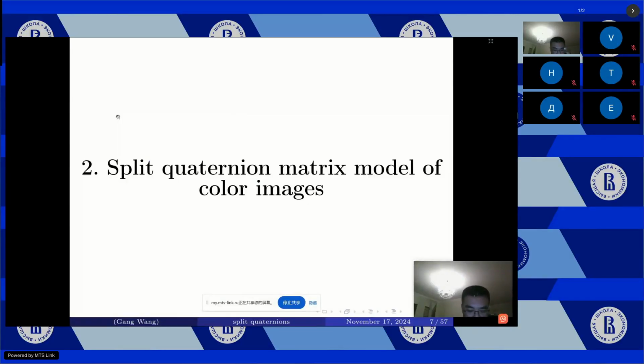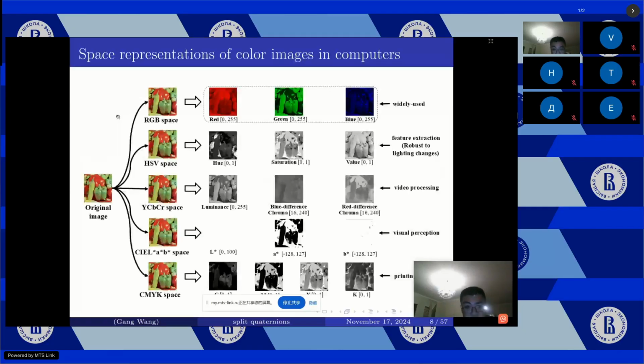This class primarily focuses on the application of split quaternions in the field of color image processing. We will briefly discuss how color images are stored and processed in computers, and the split quaternion matrix model for color images.